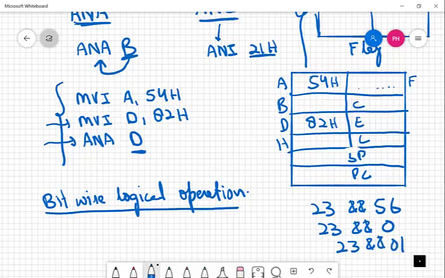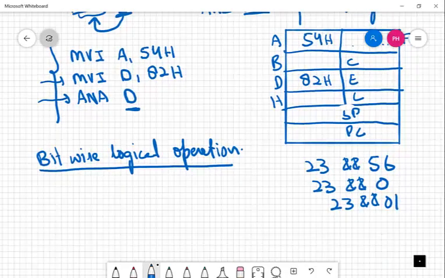But in case of 8085 AND operations, what actually happens? The numbers are ANDed bit by bit. There's a bitwise logical AND. That means every bit is ANDed with its corresponding bit.